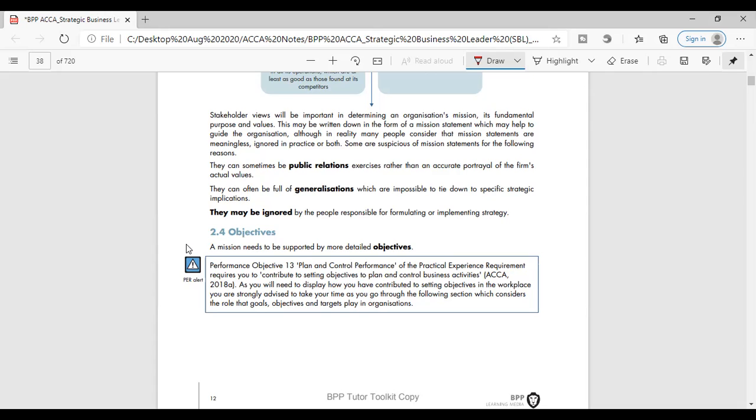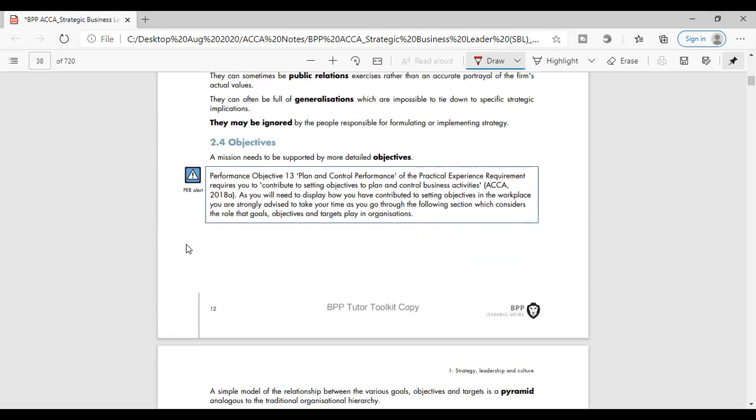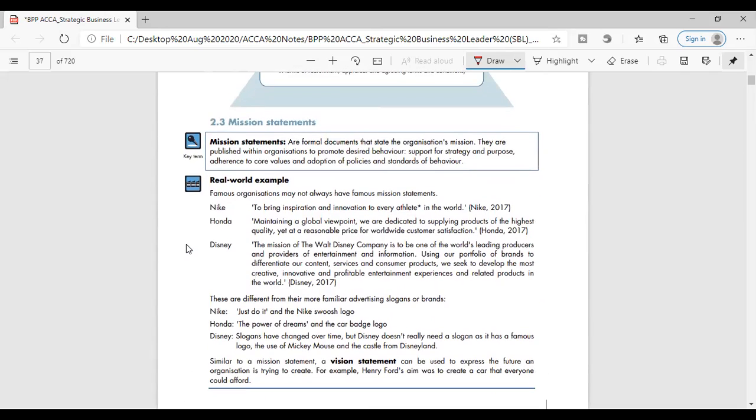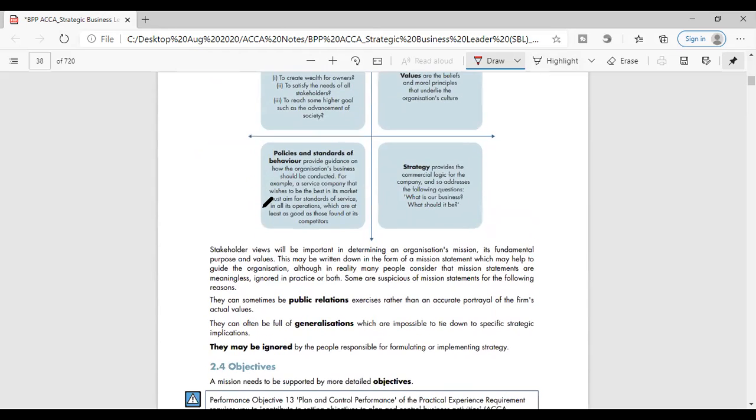A mission statement is followed by objectives. And why and how it works is, suppose a mission statement like, maintaining a global viewpoint, Honda, we are dedicated to supply a product of highest quality. So this can be broken down into multiple objectives, right? Generally, an objective could be like, okay, now we need to have logistics and suppliers in maybe 25 big markets, right?